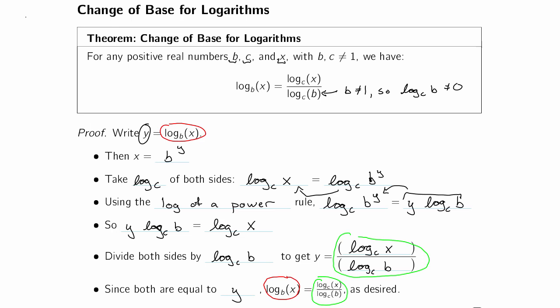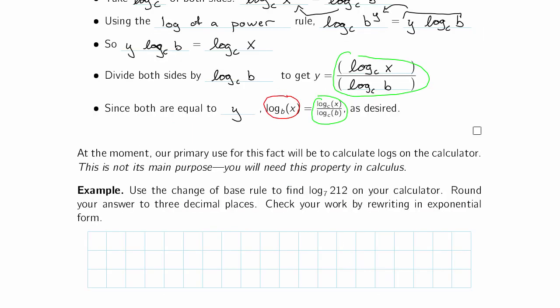Okay, I said we want to have this change of base formula because there are occasions when we want to work with a log in a certain base. At the moment, our primary purpose for this rule will be to calculate logs on the calculator. I told you when we first talked about the common log that all the math classes teach this, so all the calculators don't have a log in any base button.